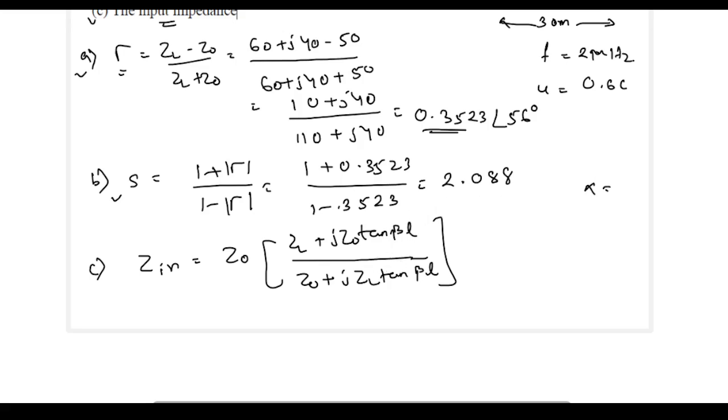So alpha is equal to 0 and gamma is represented as 0 plus j beta, only j beta here. That is why the hyperbolic term is not there.